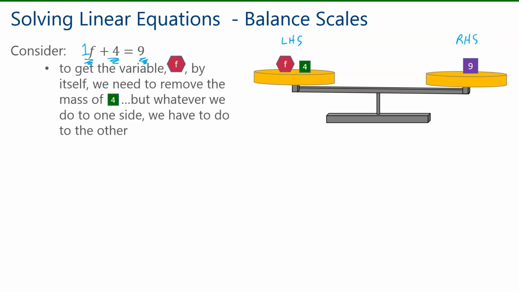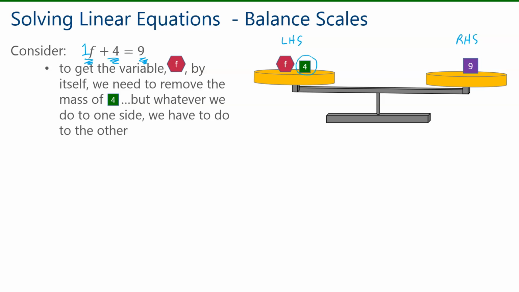To get the variable f by itself, we need to remove the mass of 4. Here's where the preservation of equality comes in. Whatever we do to one side, we have to do to the other. Now on the right-hand side, we have a mass of 9.